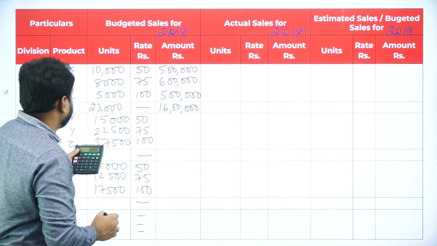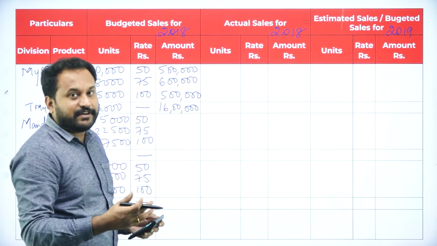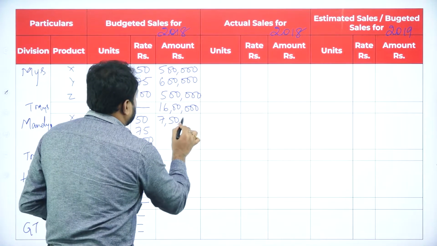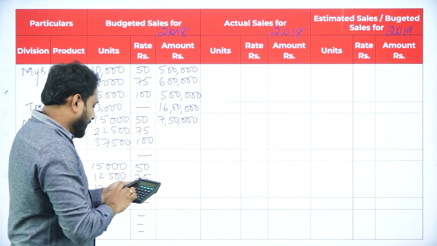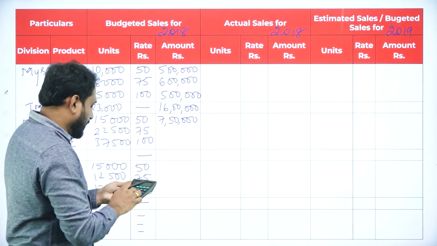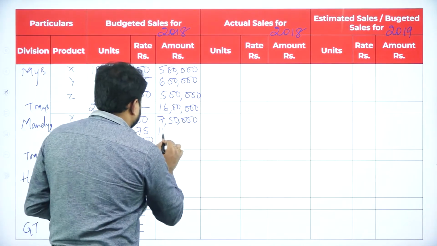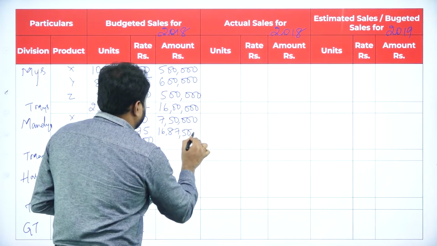Now the next one is 15 5s. So you know that 15 5s is 75. So it is 7,50,000. Next we have 22,500 into 75. That is 16,87,500.